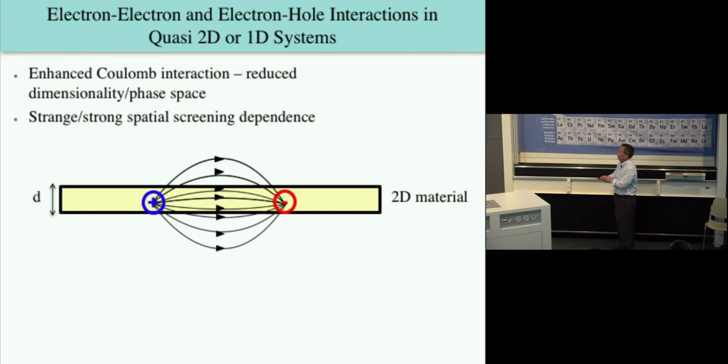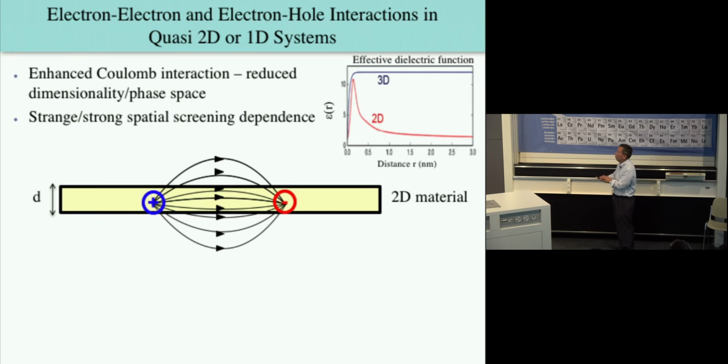Suppose you have a 2D material and you have two charges here. If I look at the screening of the interaction between these two charges, then of course when they are very close to each other, there's no screening because the electrons can't get in between them.